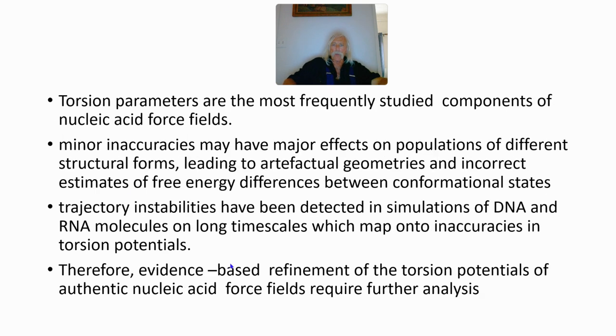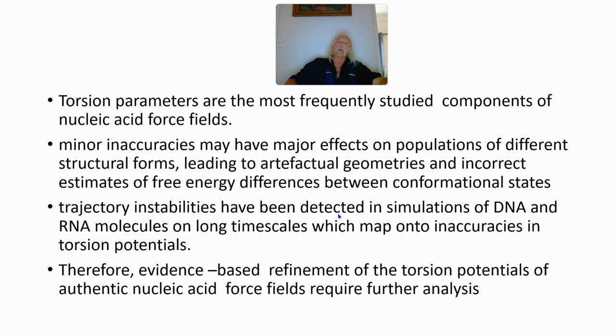So torsion parameters are most frequently studied components. They are the things that most often people want to study when they look at nucleic acids as polymers. Any minor inaccuracy can have a major effect on the population of different structural forms, obviously, because there's a great deal of DNA in the nucleus, right? A lot of mass is covered there.